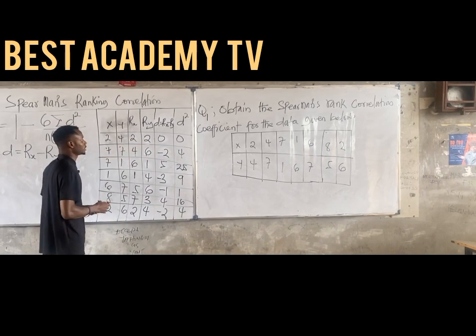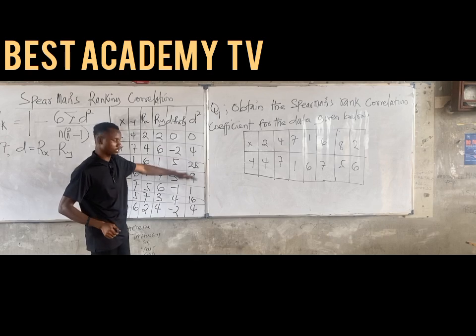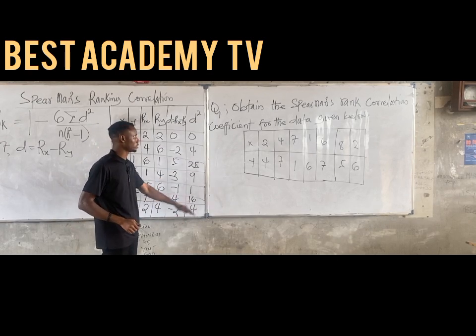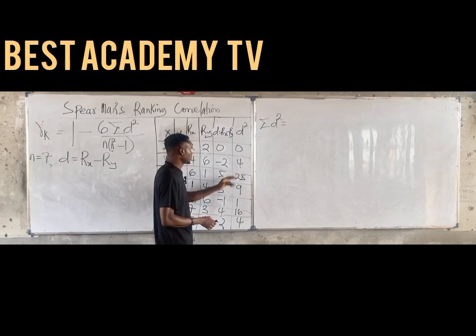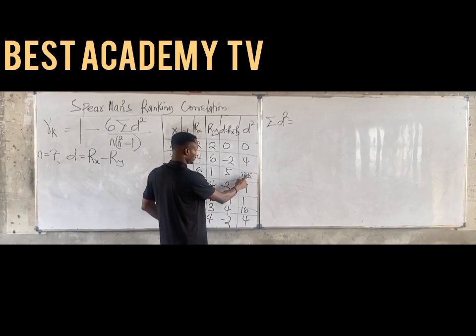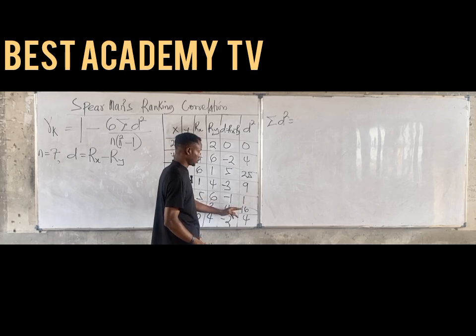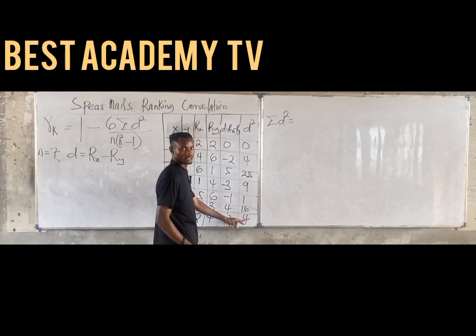Now for us to get the sum of this square means that I'm going to sum everything here. So sum everything here, this is going to be squared. Class, let's go. Sum everything here with your calculator. This plus this, 25 plus 9 plus 1 plus 16 plus 4. Let's get this, please.